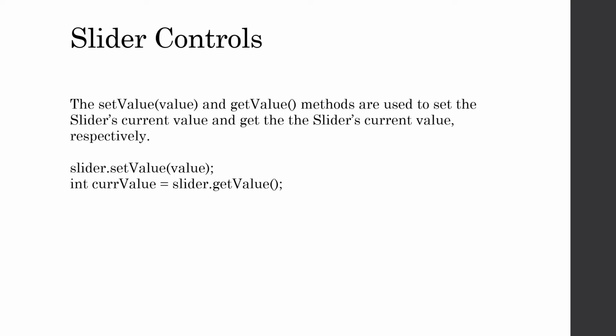And then the last thing I want to go ahead and mention is going to be the setValue and getValue methods. These are going to be used to set the slider's current value or to get the slider's current value respectively. So the setValue method, just like when we're working with a combo box, is pretty useful for being able to select a particular default value when you first open up the application, or just in a general sense, being able to programmatically set the value.